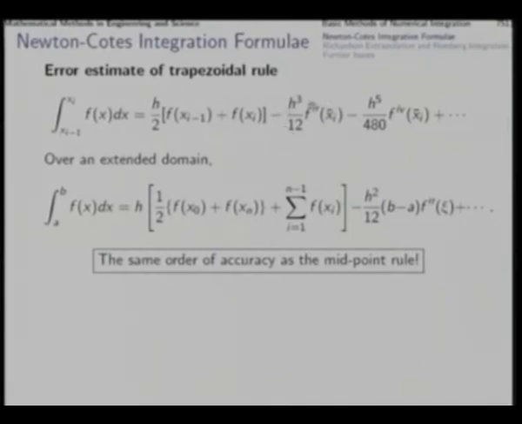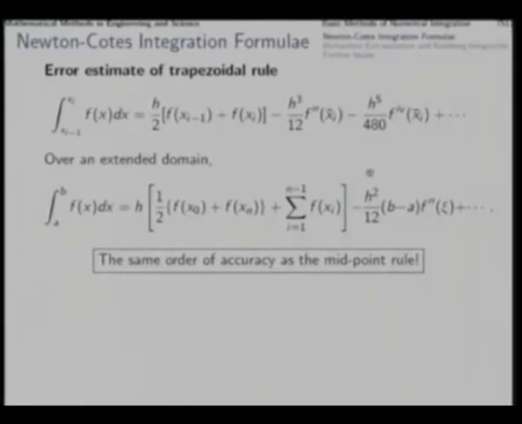So, the same evaluation again, f double prime of x_i bar summed over all the subintervals will give us n times the average value, and nh is b minus a. So, again we find that the leading error term over the entire interval is this.